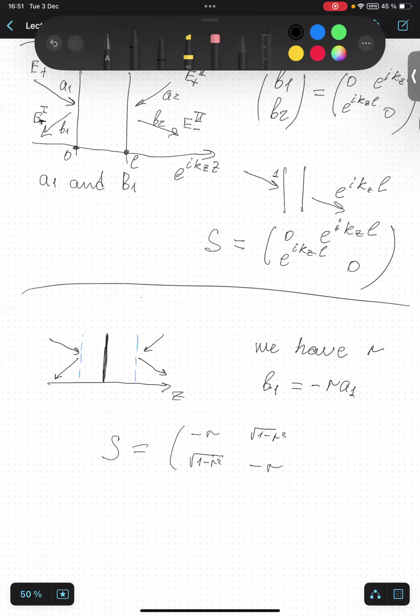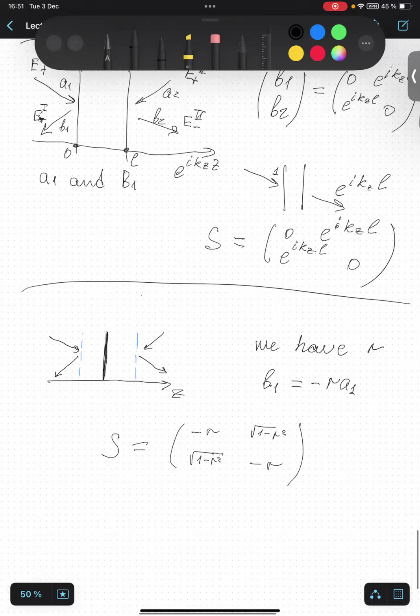As you remember, phi3 plus phi1 to phi2 plus pi.